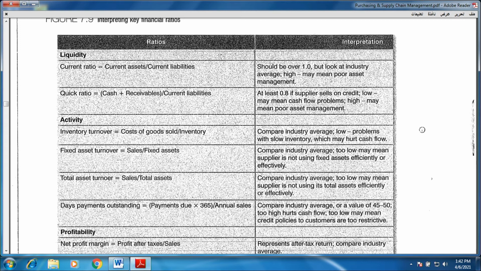The liquidity ratios tell us how many times the supplier can pay his short-term debt from his short-term assets. If this number is high, it means the financial position is okay with the supplier.